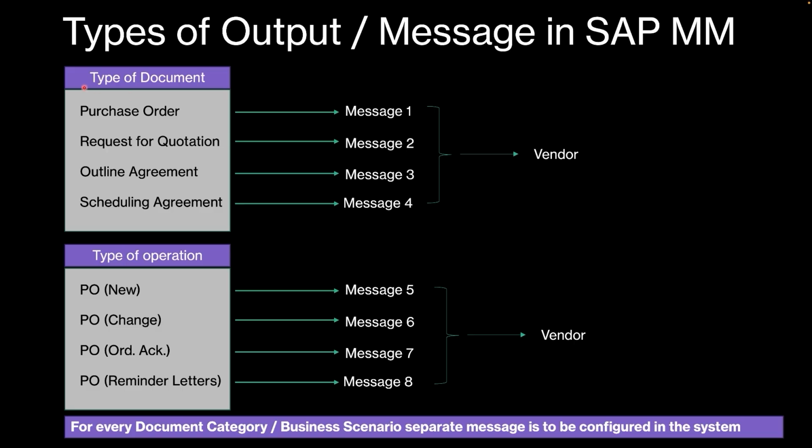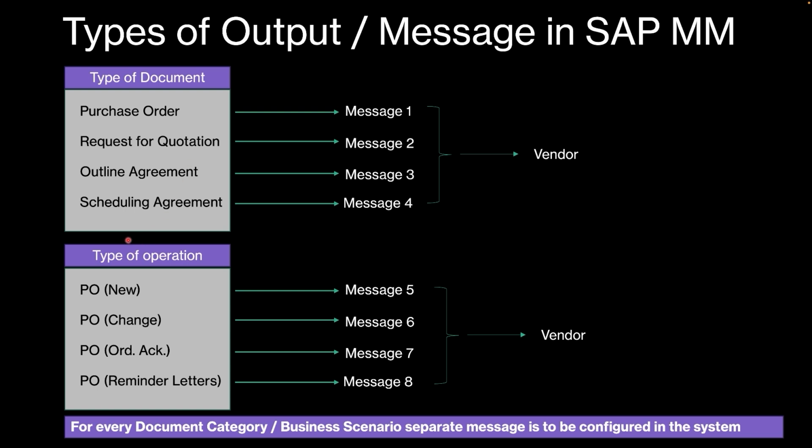As you can see here, depending upon the type of purchasing document, you will have to configure different messages, because the content and the format of each of these documents will be different from each other. If you are creating a purchase order, the content and format will be different. If you are creating a request for quotation, then the content and the format will be different. So based on your purchasing document, you will have to design multiple output types.